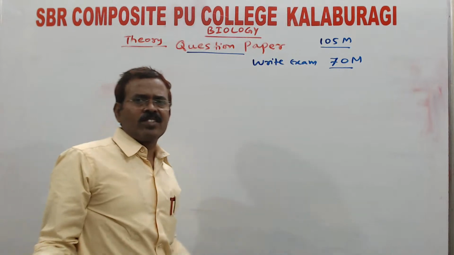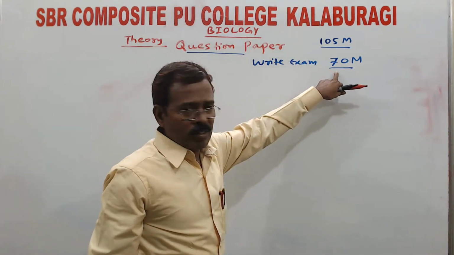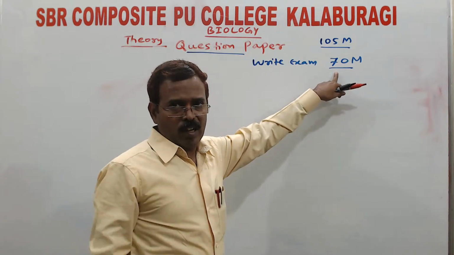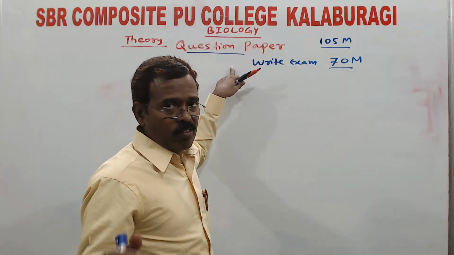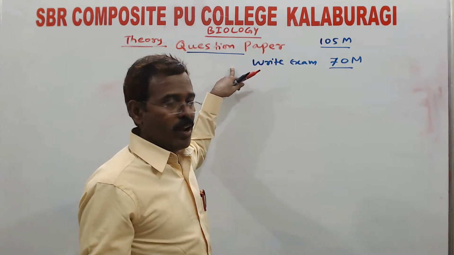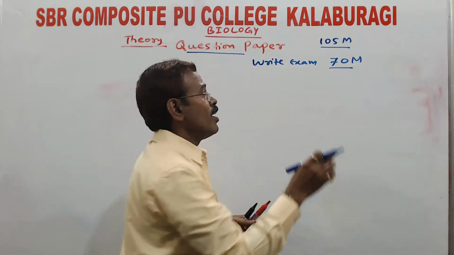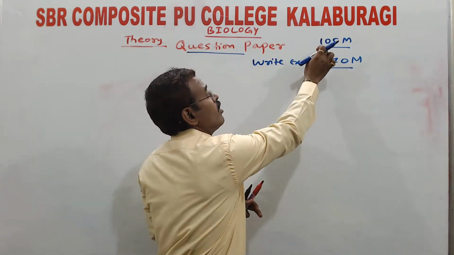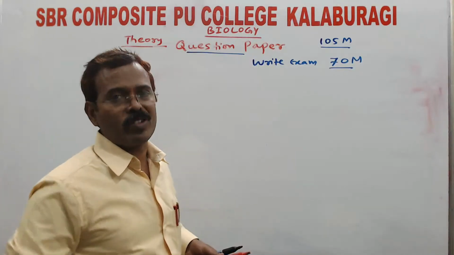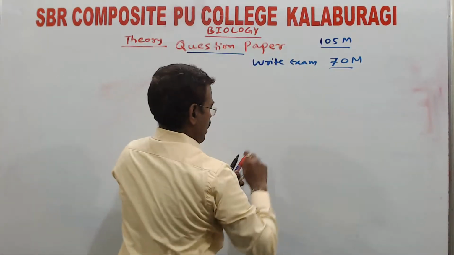Additional choice questions also we can write. As I mentioned yesterday, it is a 70 marks theory exam and practical is 30 marks, right? So we have to write the exam for 70 marks. The question paper will be weighted 105 marks because the choice questions will be there.